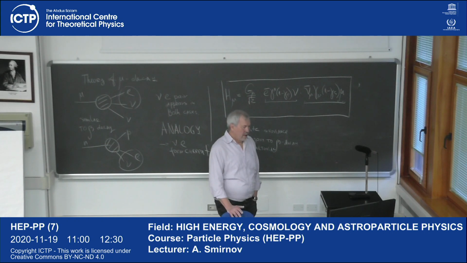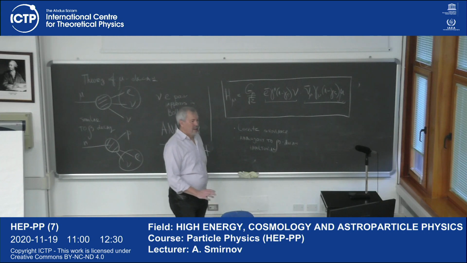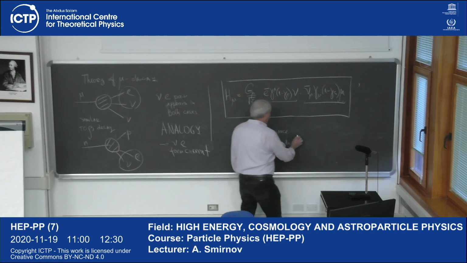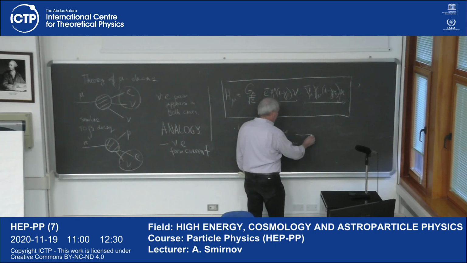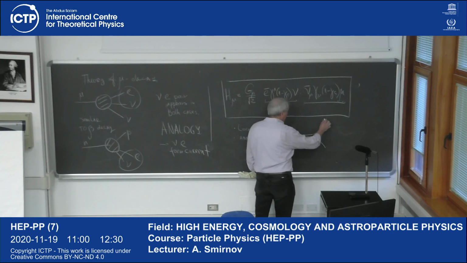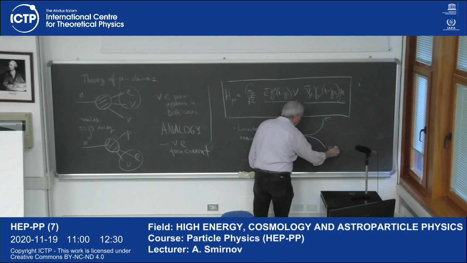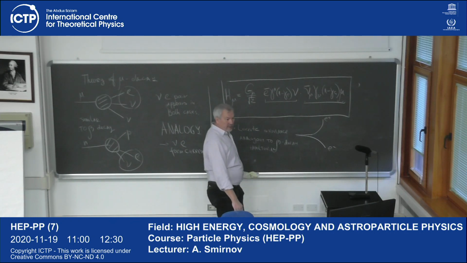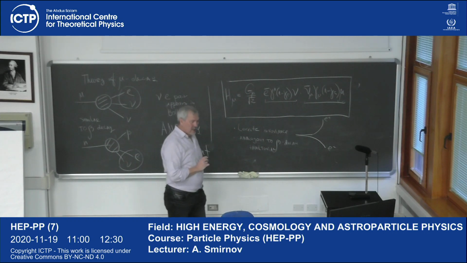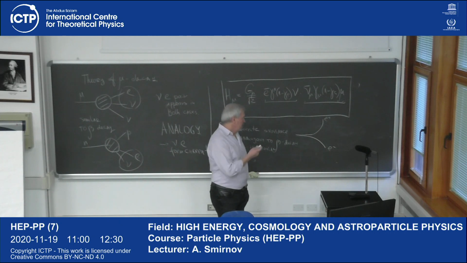So, yes, determining the charge using a magnetic field. If you have a particle and you have a magnetic field, then a positively charged particle will go in this direction and a negatively charged one in this. So, for instance, if e plus goes in this direction, then e minus will go in this direction in the magnetic field. And knowing the direction of the magnetic field, and then knowing the curvature of the trajectory, you can say what the charge of the particle is. Thanks.